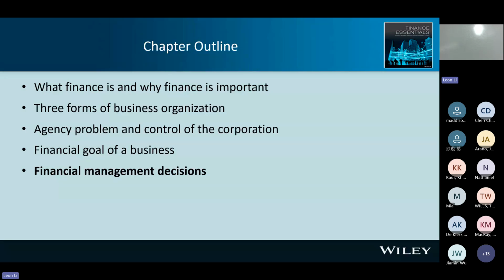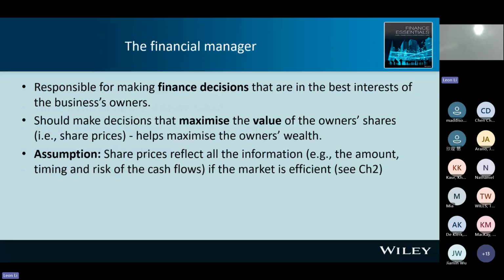For a financial manager, they have 3 decisions. The financial manager is responsible for making finance decisions, and their goal, again, is to maximize the value of the share price.